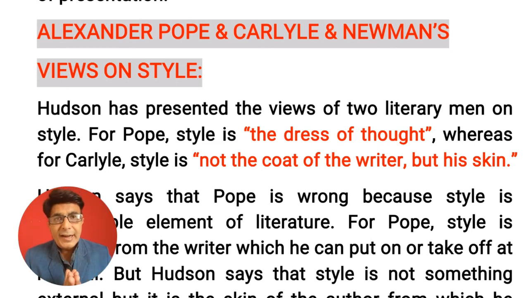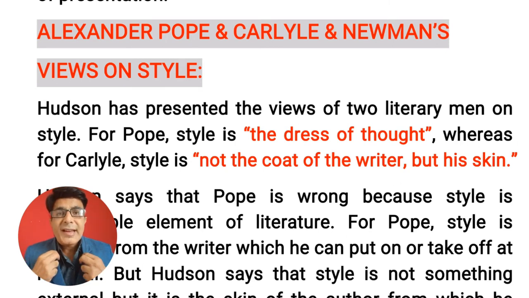On the other hand, Carlyle, who is a very popular poet of English literature, has a different, opposite view. He says that style is not the dress, not the coat of the writer, but it is the skin of the writer. Now there is a difference.